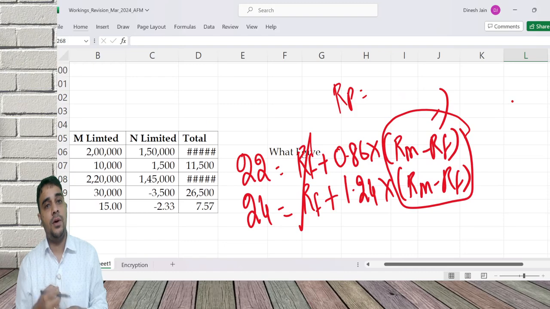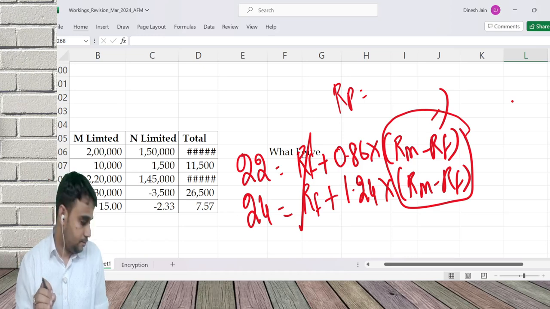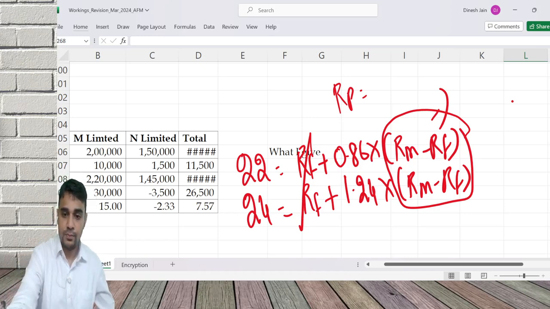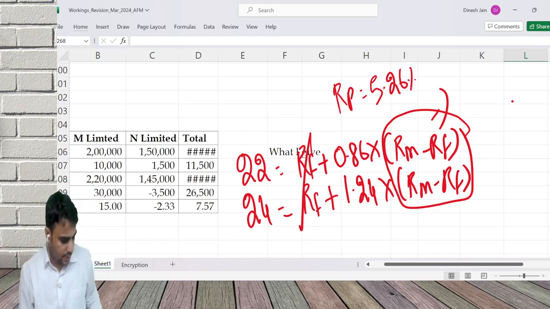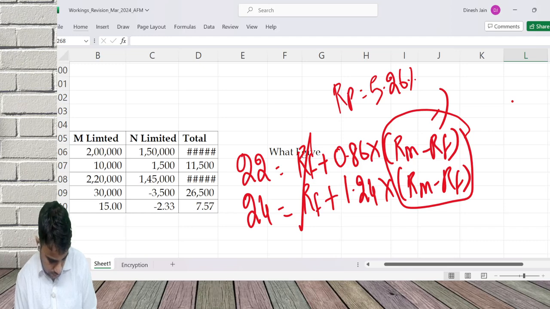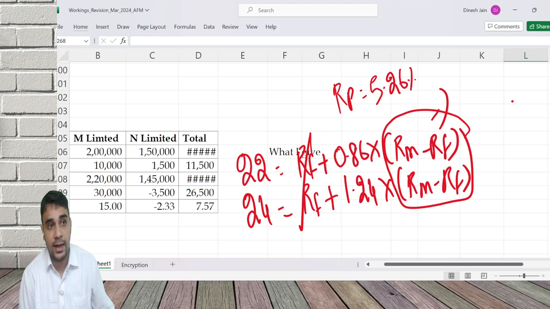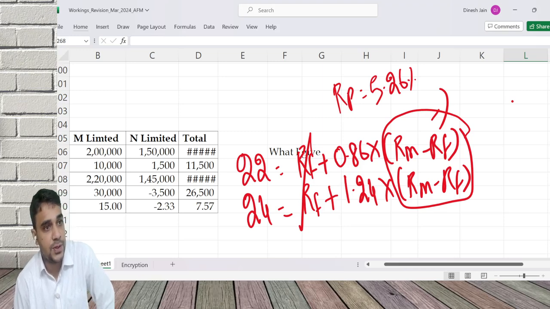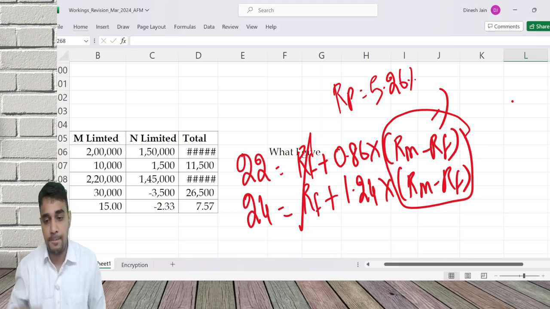(22 minus 24) on one side, and on the other side just call it RP. 5.26. Okay, this is the answer I've got from a live online student. Now substitute this 5.26 in any equation, and you will get RF.